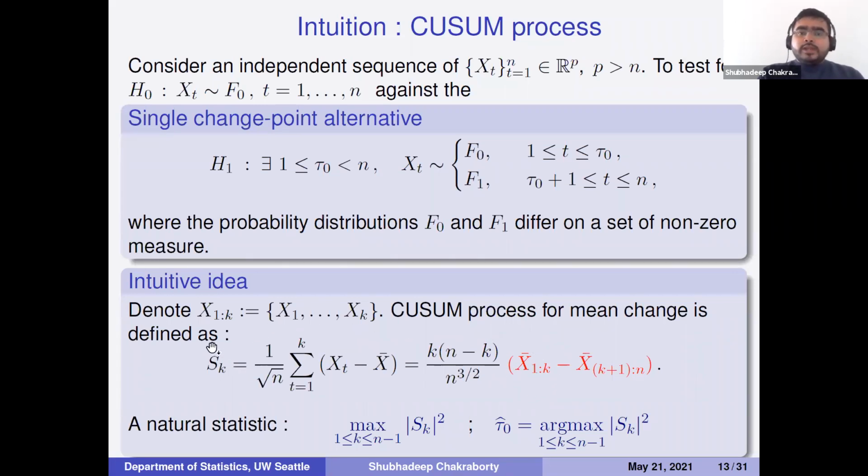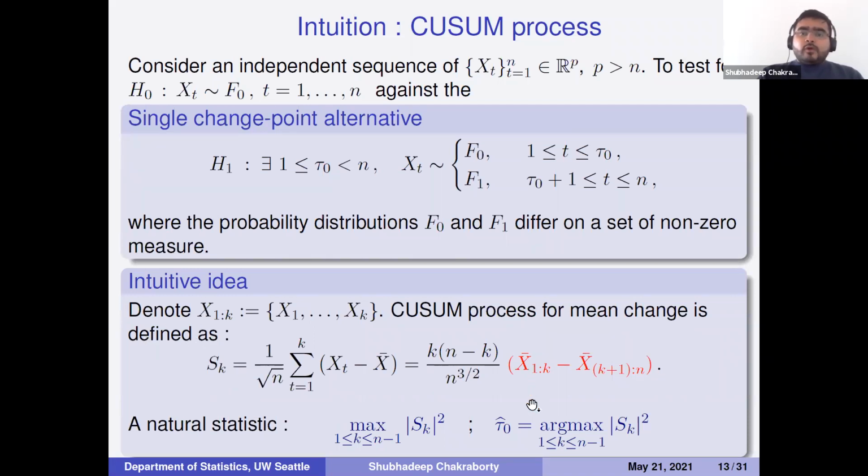So what S_k computes is that it splits the entire range of the observations into two segments, one to the left of the position k and one to the right of the data point x_k. So we compute the means of the observations to the left and to the right of k and take a difference of the two. That is how S_k is defined.